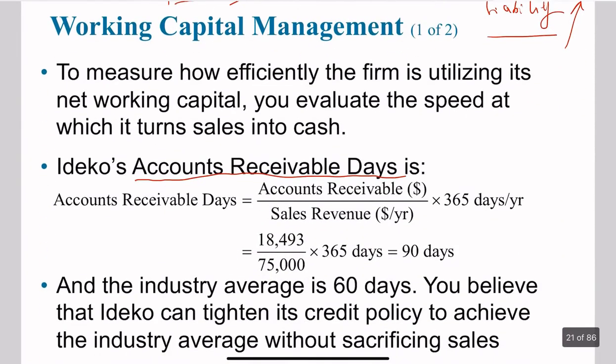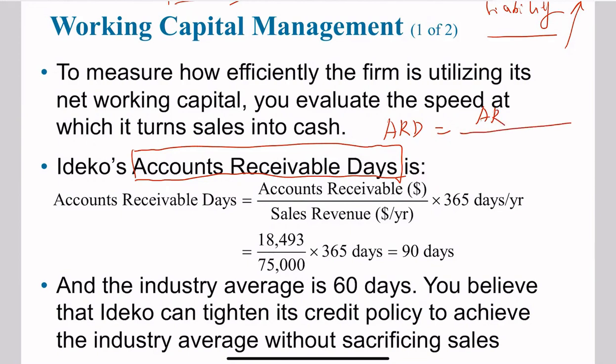And here we will measure this firm's accounts receivable days. So what is the formula to calculate this number? Well, you have learned about this in your Corporate Finance 1. Now, we are basically just revisiting this calculation here. So accounts receivable days, let's call it ARD, equals accounts receivable, let's call it AR, divided by daily revenue, right?